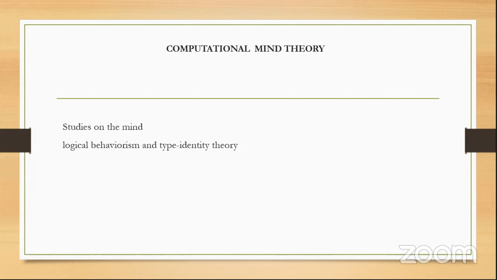That means the mental states: the beliefs, the sensations, the emotions. According to logical behaviorism, mental states are basically variable. From one instant of time to another, your mental states vary, and in this manner you actually do the changes.